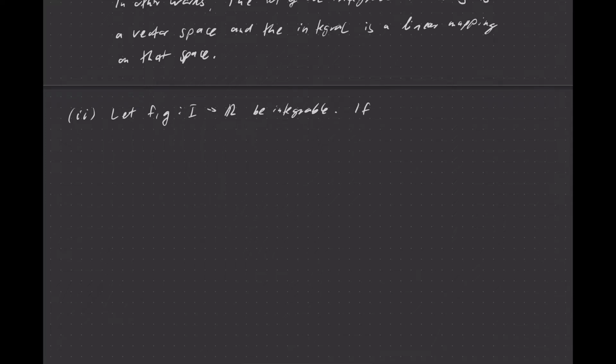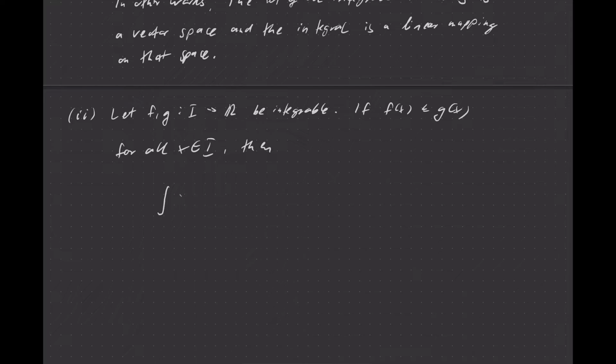Then, if f of x is less or equal to g of x for all x in I, then this also holds for the integrals.